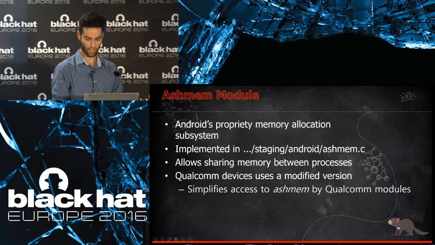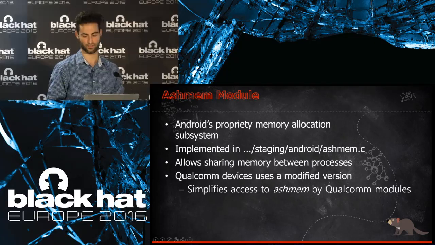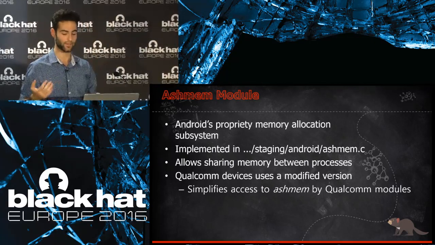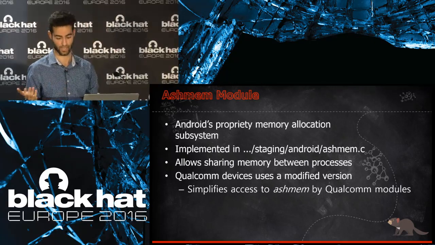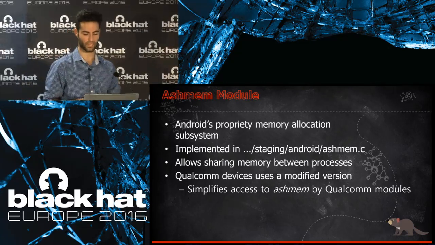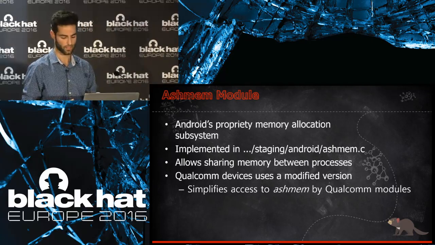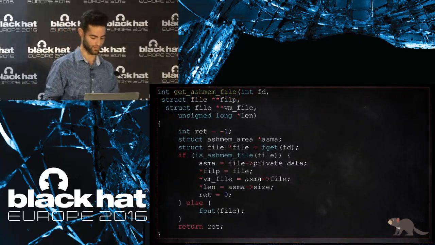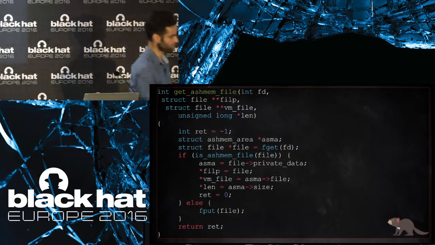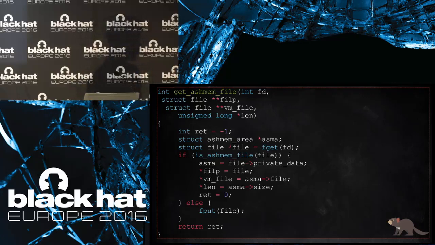Now, Qualcomm wanted to expand not the functionality, but the API of this mechanism, the kernel API. So it wanted to easily receive information just by getting a file descriptor from the user. And that's one of the functions that Qualcomm added. As we can see here, the function receives an input parameter, a file descriptor, and 3 output pointers.